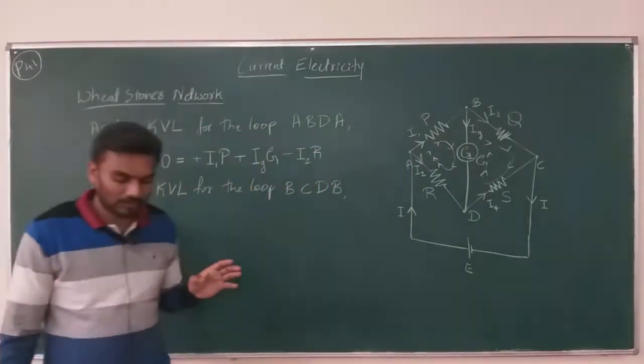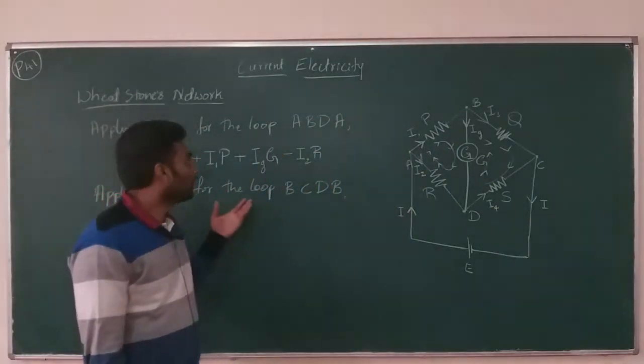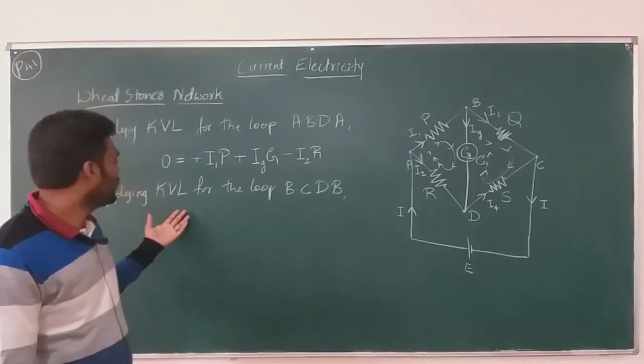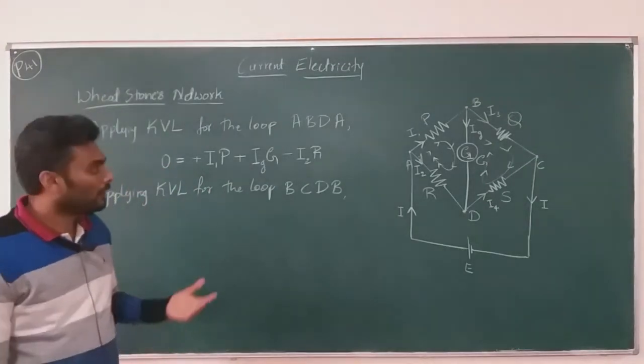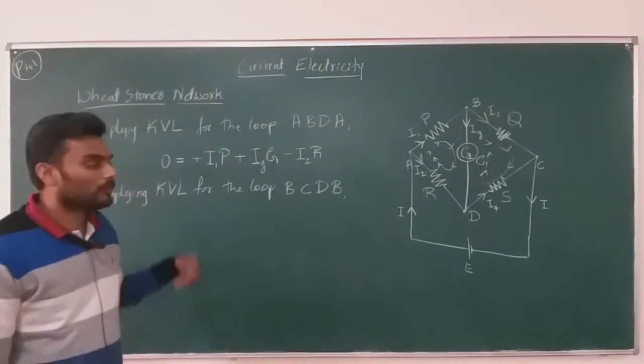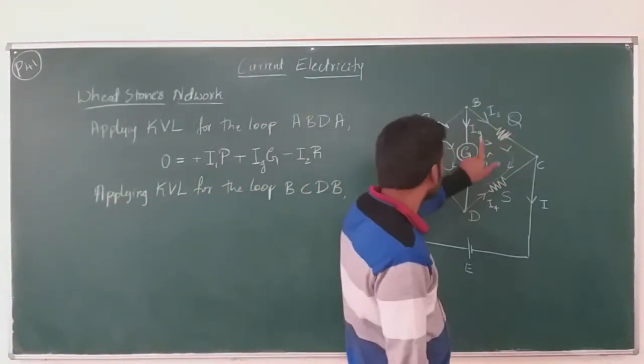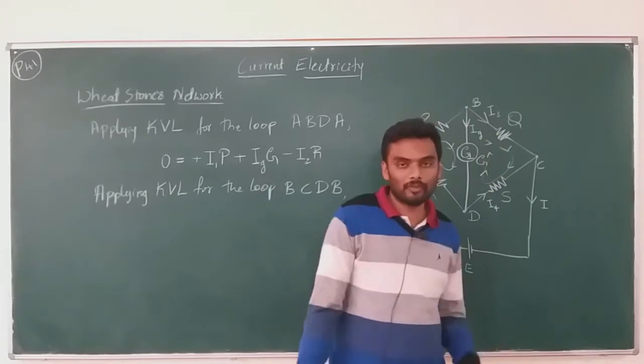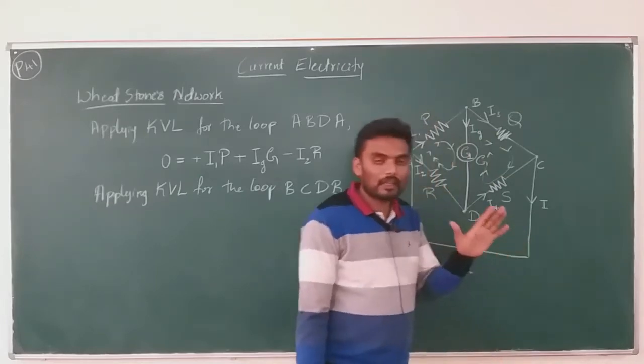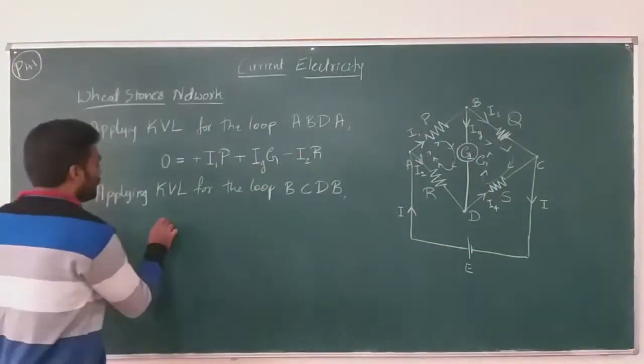If you want to stick with the law of KVL, Kirchhoff's voltage law, it says algebraic sum of EMFs in the loop. Is there any cell here? No cell, no source of EMF, and hence the entire LHS part is again 0.